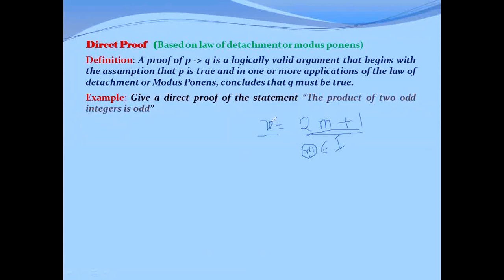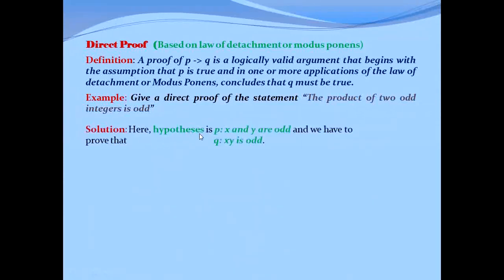The question says if x is odd and suppose y is also odd, this is the second odd number, then we can write it as 2p plus 1, where p belongs to the integers. Then the question says the product of these two, that is xy, will also be an odd integer. We have to prove this. So to prove this, first we take the hypothesis P, where P is the proposition that x and y are odd.